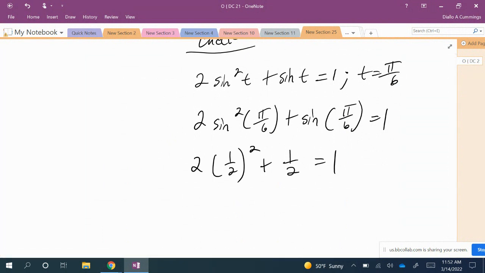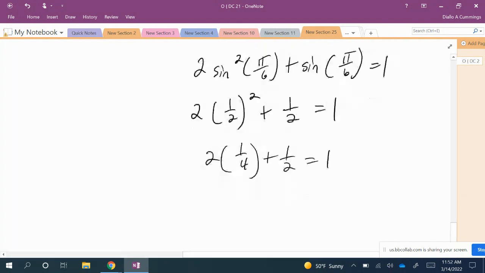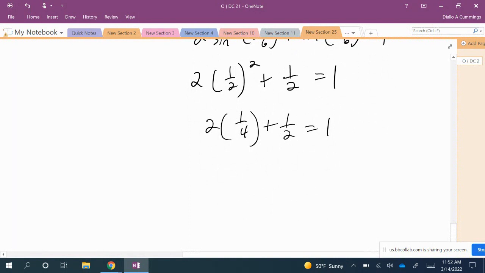From the order of operations, please excuse my dear Aunt Sally, the first thing I'm going to do is evaluate the exponent. So that's 2 times 1/4 plus 1/2 equals 1. Remember I have to square the numerator and square the denominator. Next I'm going to multiply 2 times 1/4, so the 2 and the 4 reduce down to 1/2.